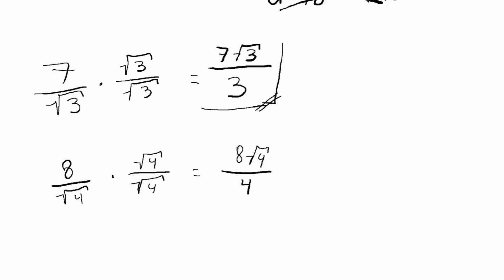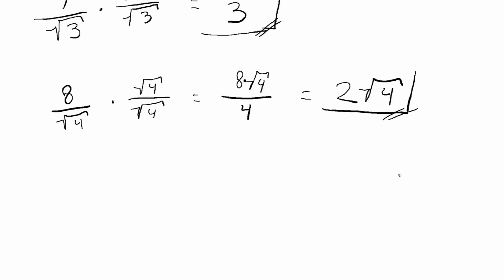And we can simplify by dividing 4 over 8. And why are we just dividing the 4 and the 8 and not the 4 into the square root of 4? Because we have 8 lots of this, because this is multiplying this. So instead of having 8 lots, we're just going to have 2 lots. So the answer would be 2 square root of 4, and that would be your answer.